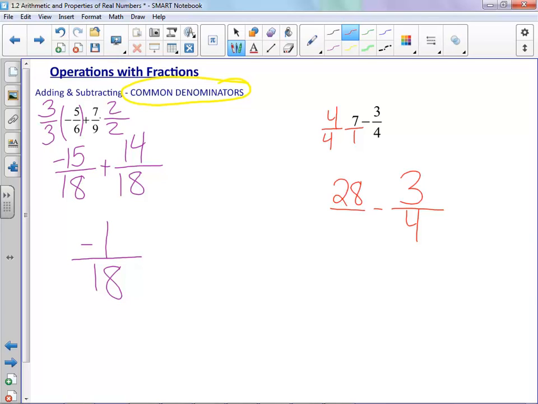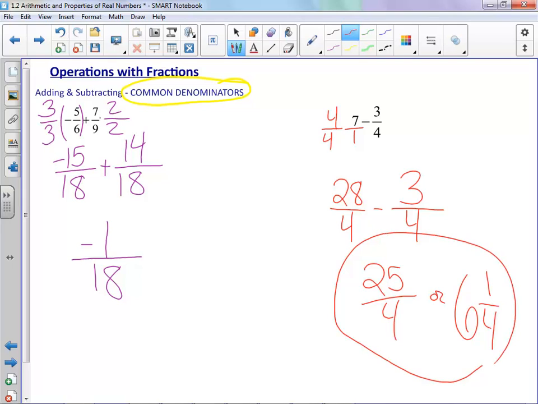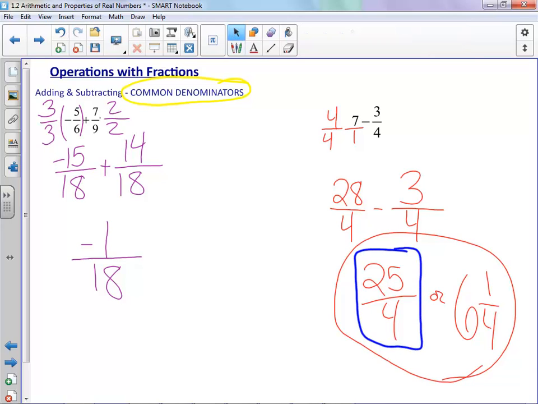You get to 28 over 4. 28 minus 3 is 25 over 4. If you wanted to change this to a mixed number and get 6 and a fourth, you can. To me, I don't care which one you use. However, I typically tend to leave it as improper, because it's fewer steps to make a mistake.